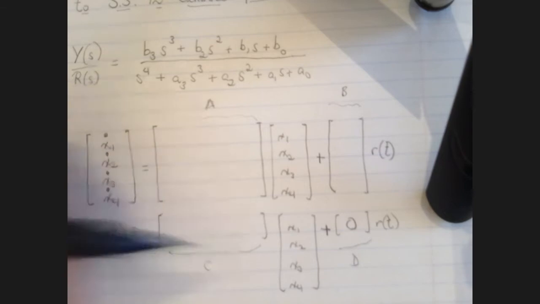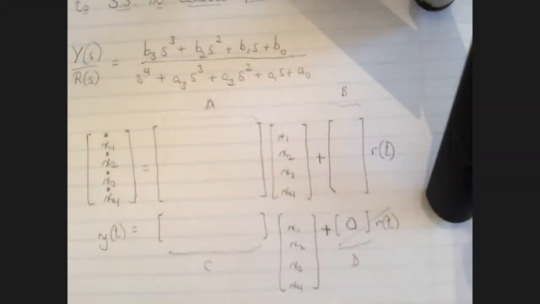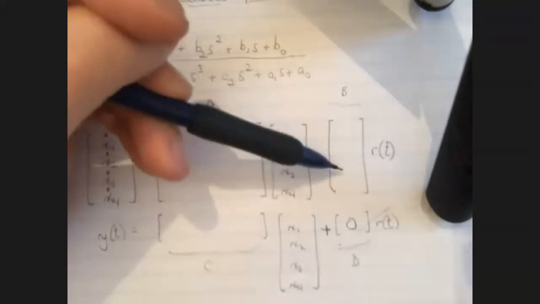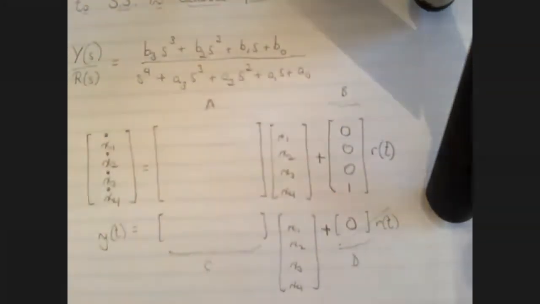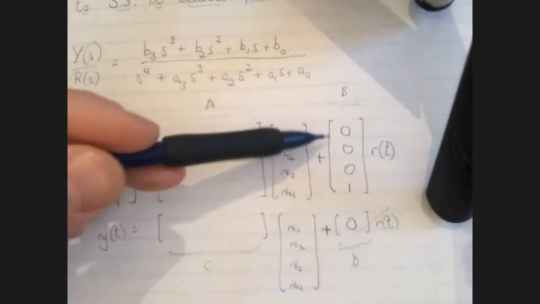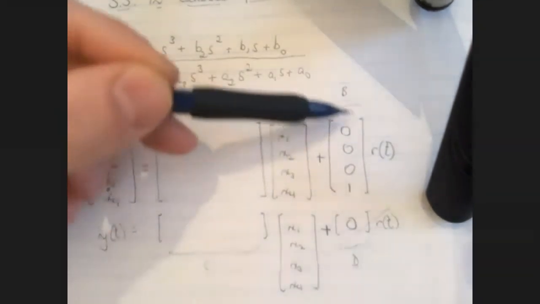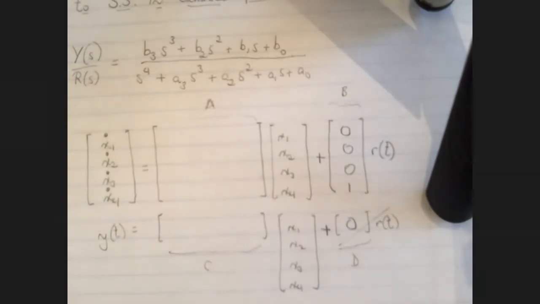You can even just get rid of it like that. It's going to be 0 all the time. For the B matrix, it's always going to be all zeros and then 1. So over here, 0, 0, 0, 1. That's what that's going to look like. If it were a 10 by 10 matrix here, you would have 9 zeros and then a 1. That's just how that one is going to go.